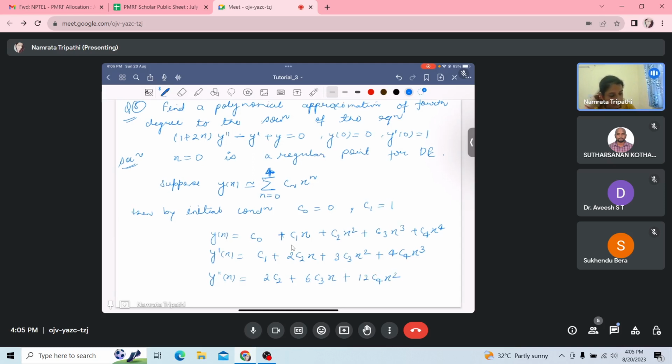Now we have to put these values, equate the coefficient of x to the power n, and find out the values of C0, C1, C2. C0 and C1 we have already found.